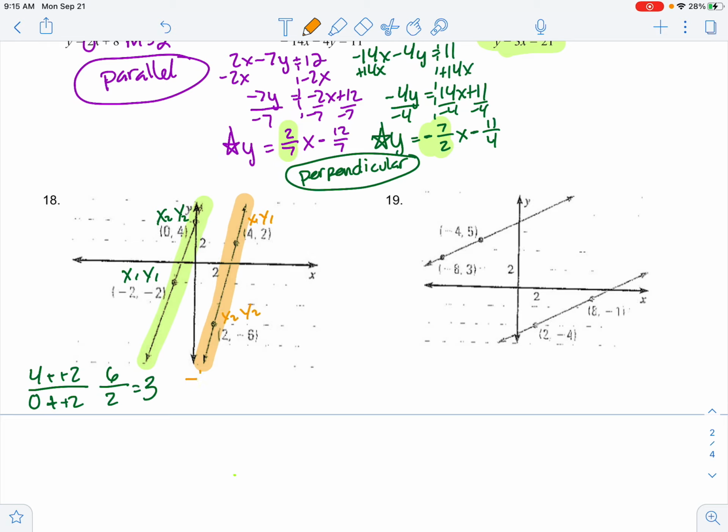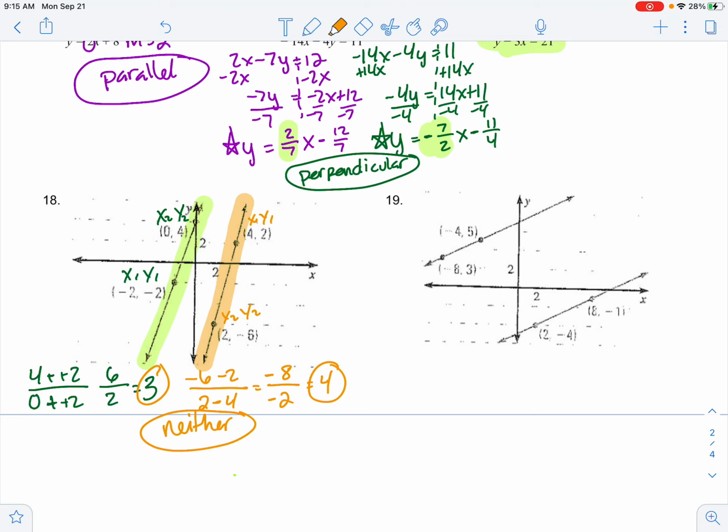So my y2 is -6, my y1 is 2, over my x2 is 2, my x1 is 4. -6 minus 2 would be -8, over 2 minus 4 is -2, and then -8 divided by -2 would be a +4. So here's the two slopes that we're comparing. Are they the same? No. Do I flip one and change the sign to get the other one? Nope. So this one would be neither.